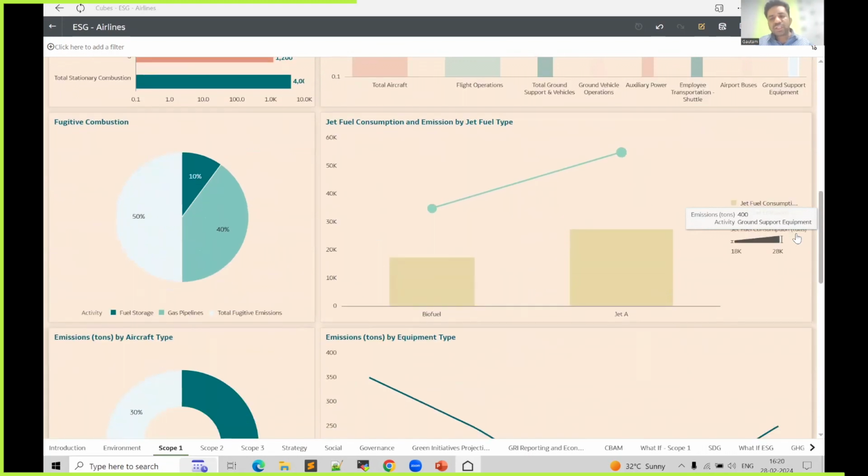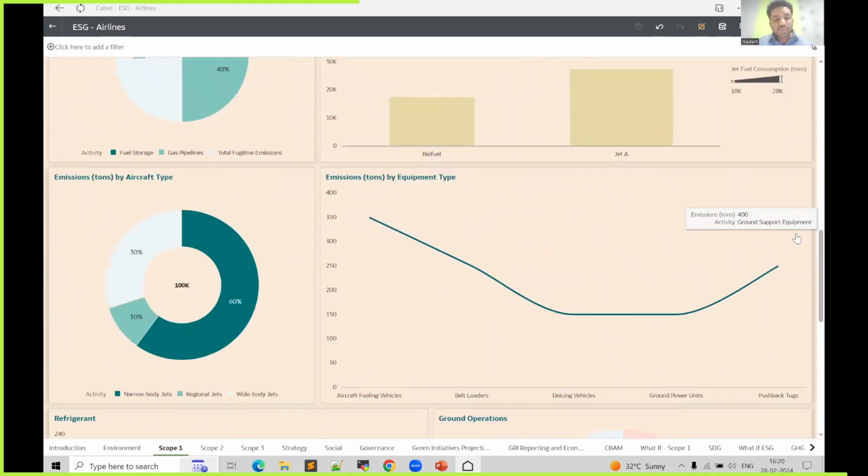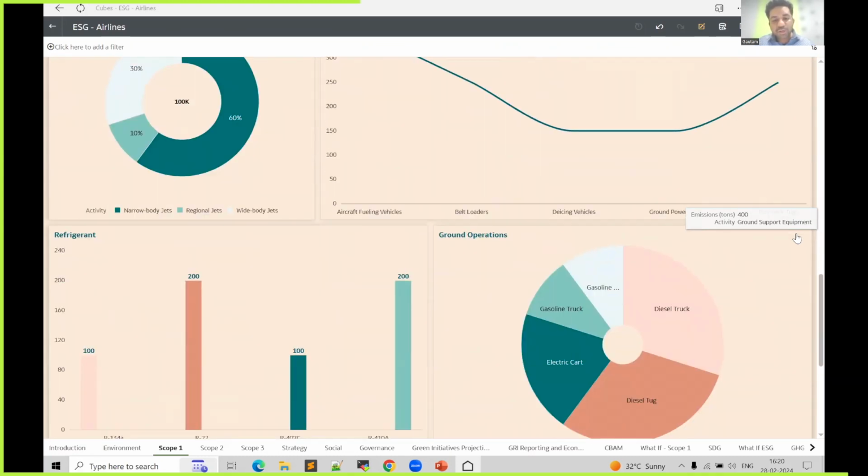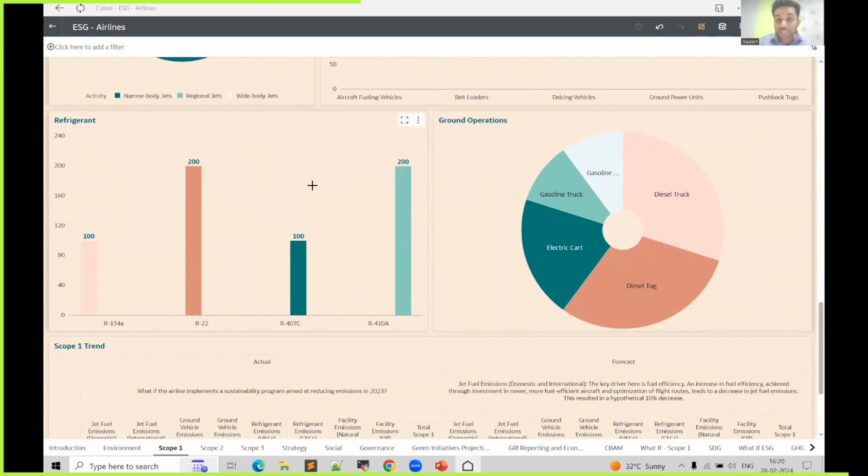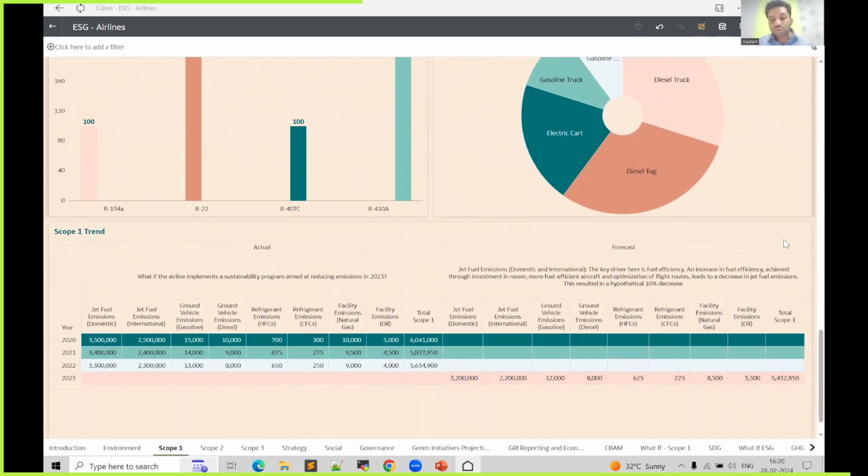And similarly, you then try identifying emissions at a minute level on fugitive combustion by different equipment types, the refrigerant types, in line with your separate gases. And then you can also use the analytics platform to compute your what-if analytics as well. So that makes the scope one side of it.